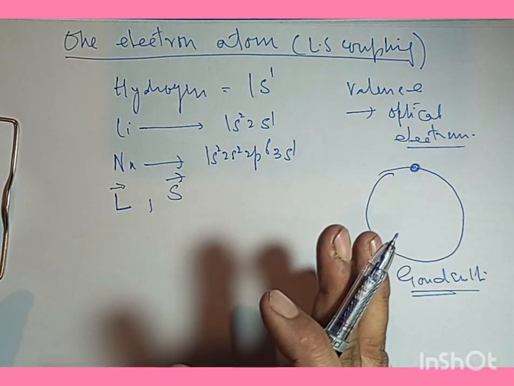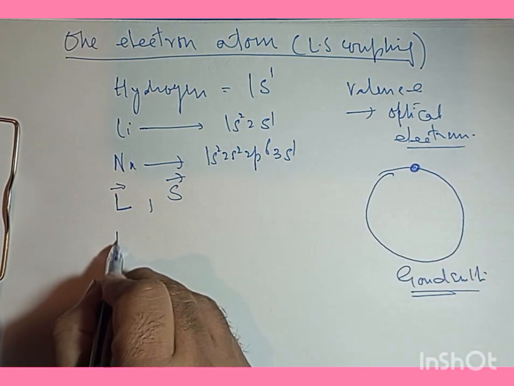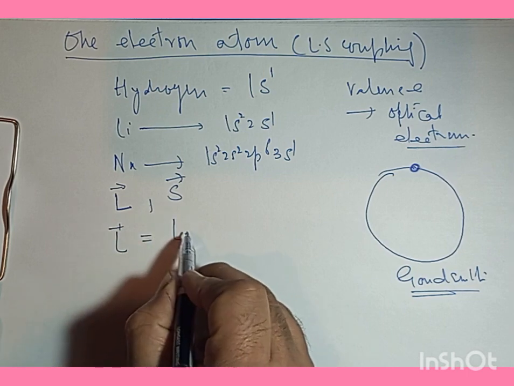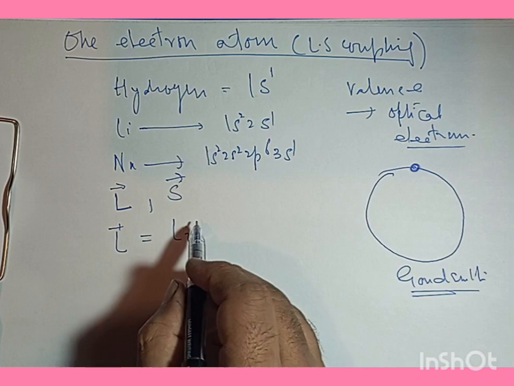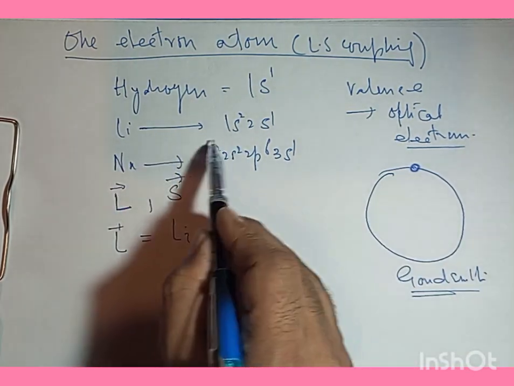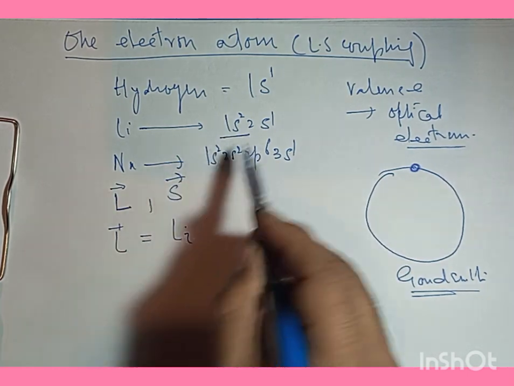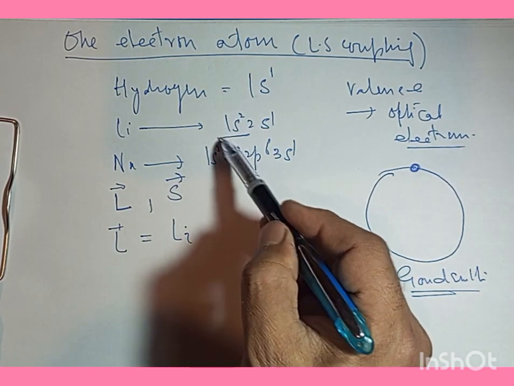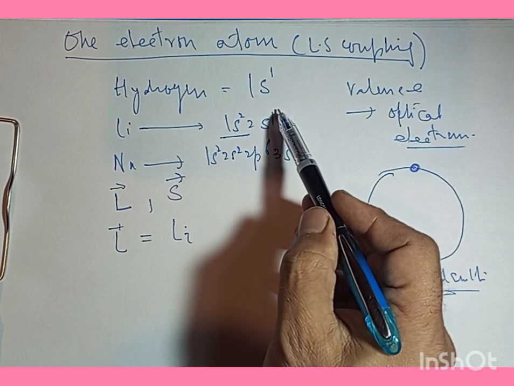its total angular momentum will be the sum of the angular momenta of the inner orbit electrons. If I take an example of lithium, we have completely filled orbitals and we have a partially filled orbital.